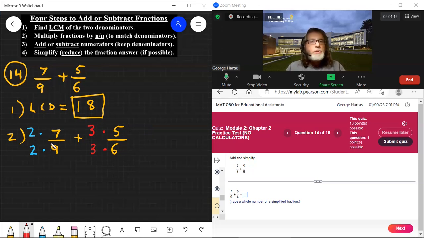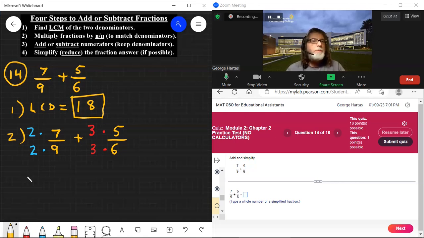That's a very good question, and the answer is simple. The reason is because these numbers are different. Up and down, they're going to be the same here and here, so we don't mess up the ratio of the fraction. But side to side, they're going to be different, because the original denominators are different. So don't let that confuse you.